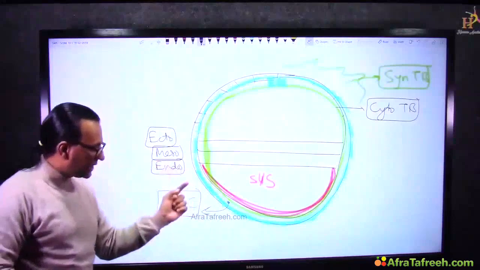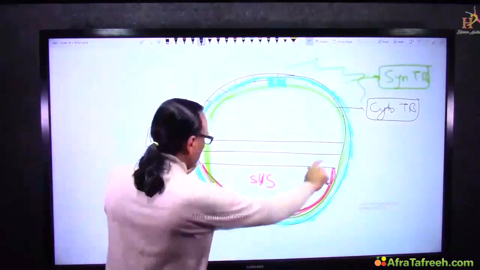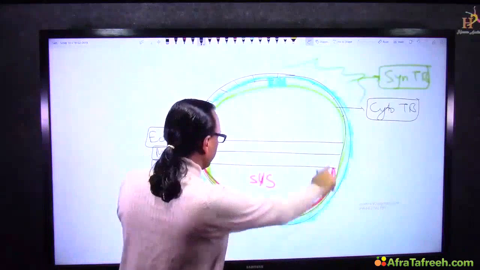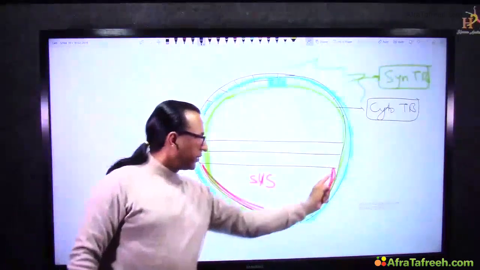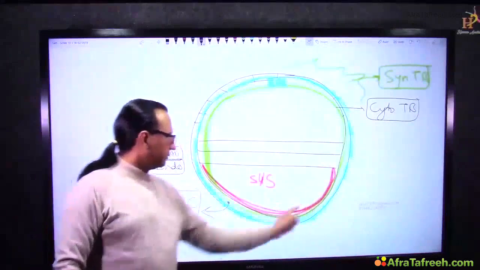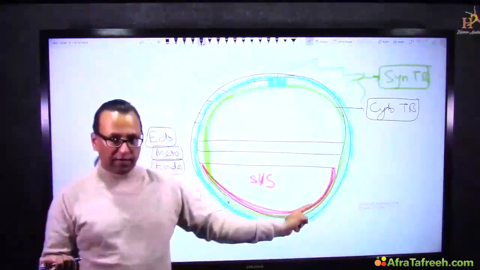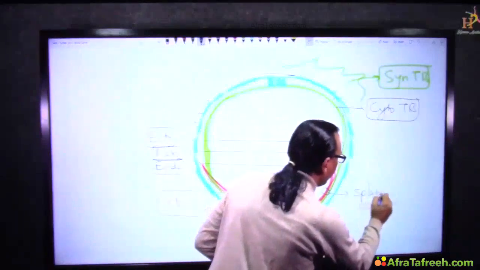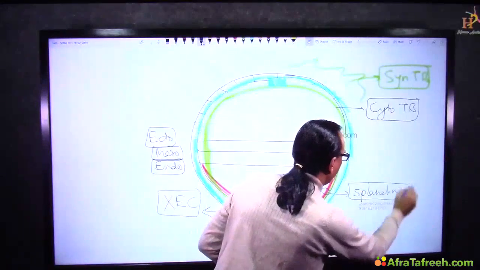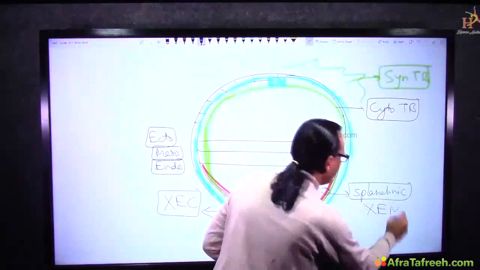Yes. And there will be the extra embryonic mesoderm which is lining the secondary yolk sac. Now this extra embryonic mesoderm which is lining the yolk sac is called the splanchnic layer of extra embryonic mesoderm.